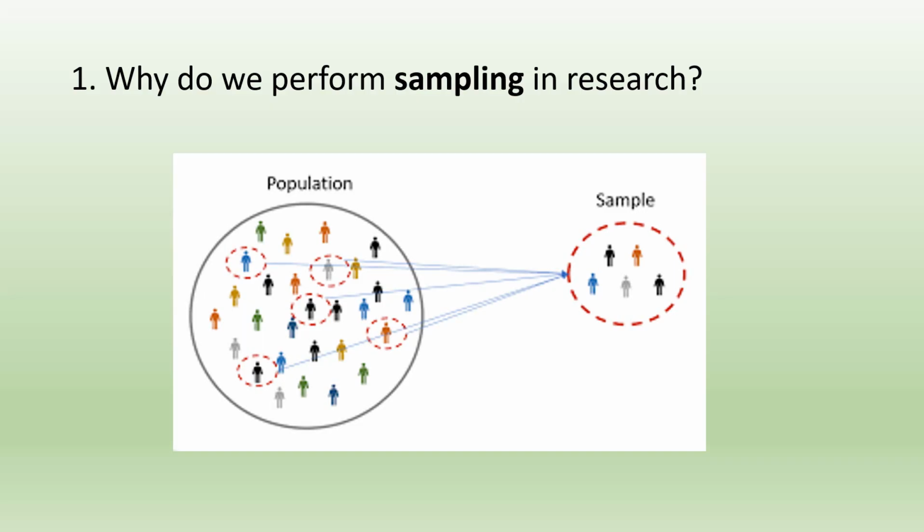Okay, the first thing that we want to ask ourselves today is, why do we perform sampling and research? Well, there's some very practical reasons why, and our book notes a couple of them, but I think most of you can probably figure them out just implicitly and through inference. It would be a near impossibility to talk to each and every person who is representative of a population you wish to study.